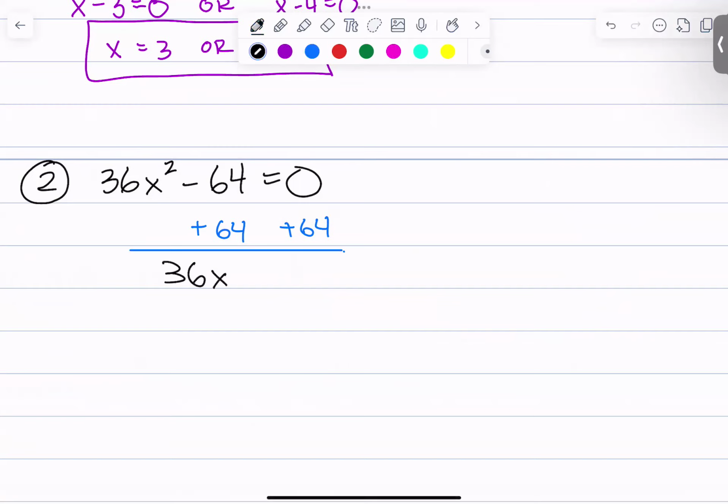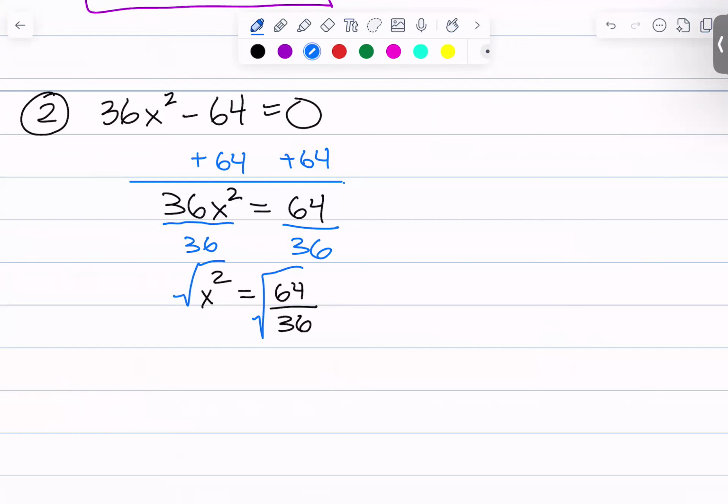We can reduce this, but I'm not going to. Why am I not going to? Because in my next step, we're going to square root it anyway. And I see that 64 and 36 are both perfect squares, so we can reduce it later on. So x is equal to the square root of 64, which is 8. Now, once we take the square root, we're going to add a plus or a minus.